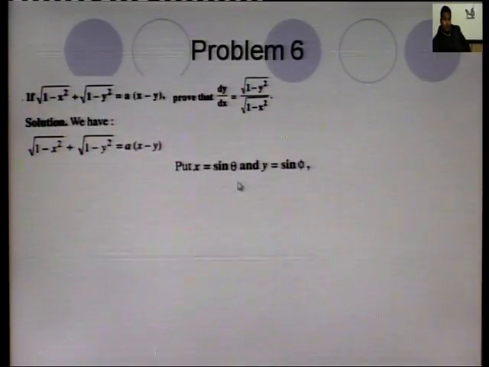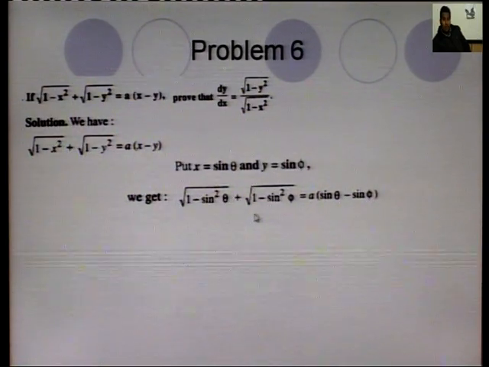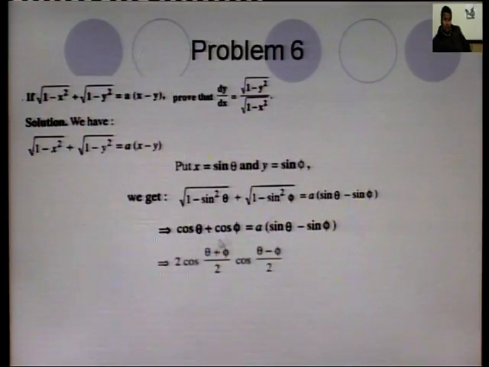After putting these values, this expression will become root of 1 minus sin square theta plus root of 1 minus sin square phi equal to a times sin theta minus sin phi. This will become cos theta plus cos phi, and the right hand side a times sin theta minus sin phi.